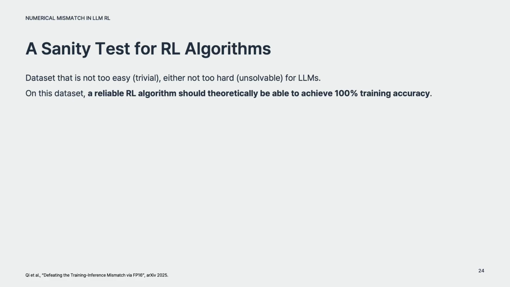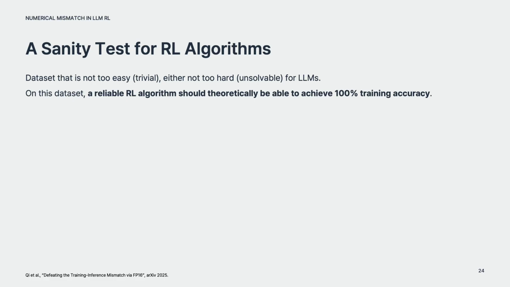Based on the performance of the Qwen3 model on this dataset, they filter out the top 20% easiest problems and the bottom 20% hardest problems and conduct their experiments on the remaining subsets.